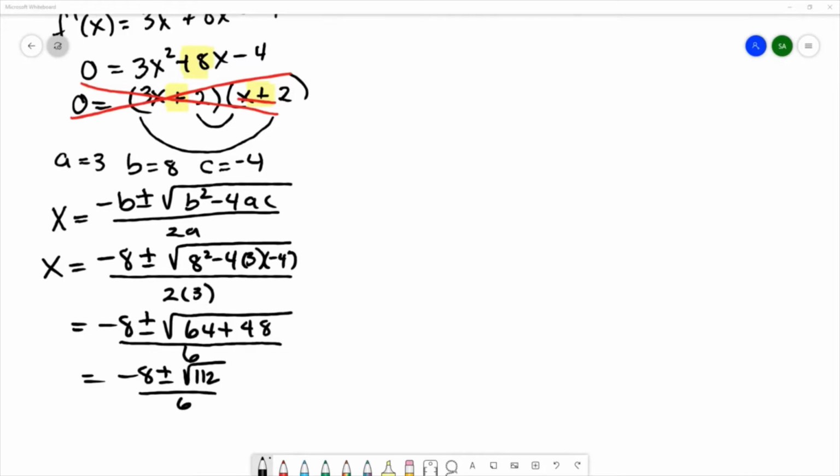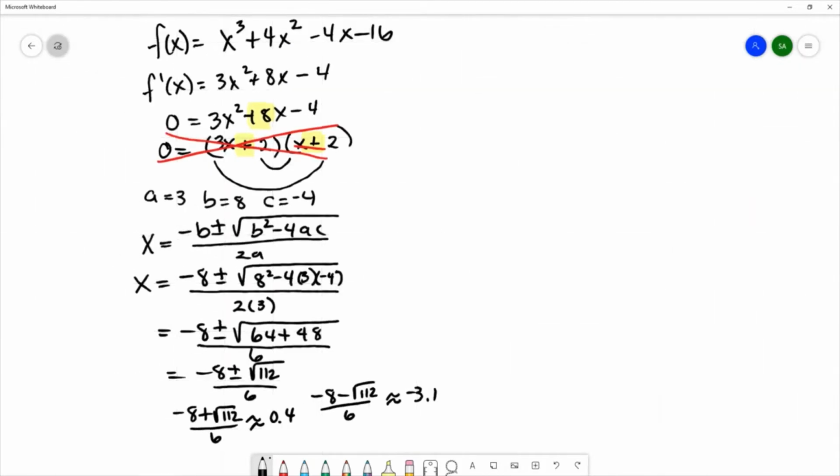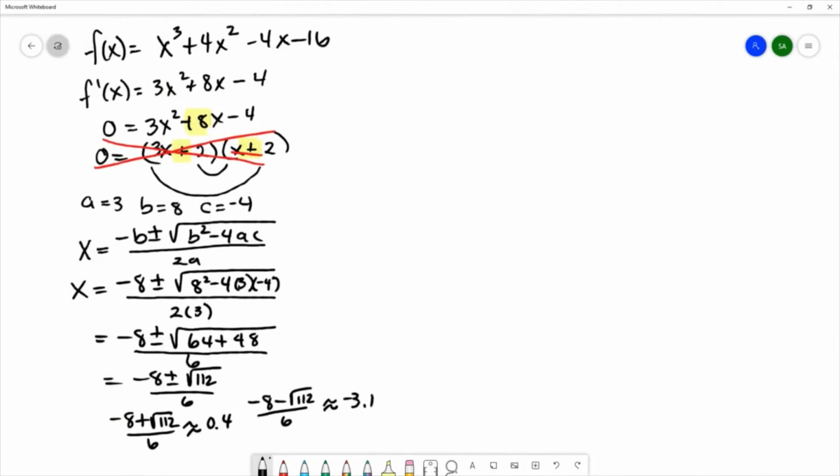And if we type those in our calculator, we're going to get approximately -8 plus square root of 112 over 6 is approximately 0.4, and -8 minus square root of 112 over 6 is approximately -3.1. So these are our critical numbers that we got from calculating the first derivative. These are going to give us horizontal tangent lines.